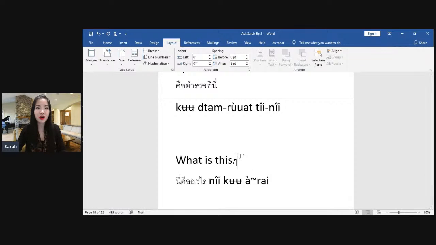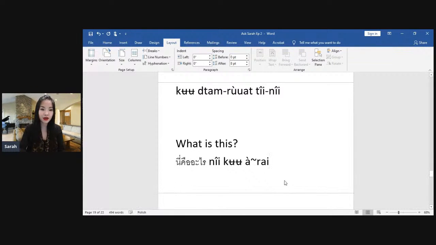เป็นอะไร means what's wrong. It's totally different from คืออะไร. It's an expression in Thai, because เป็น, you probably have learned that เป็น is the verb to be, right? And อะไร is what. So เป็นอะไร actually means what's wrong or what's the matter.